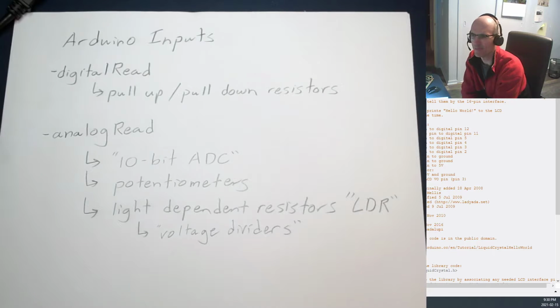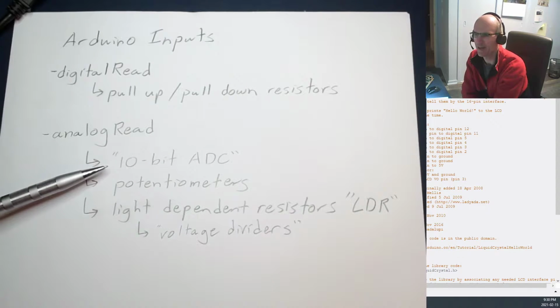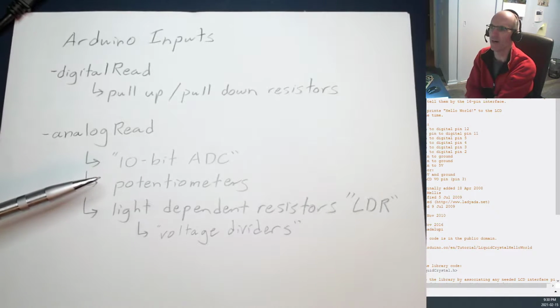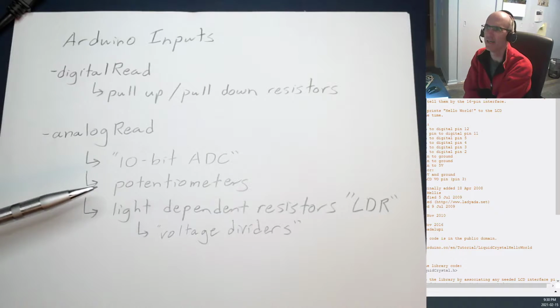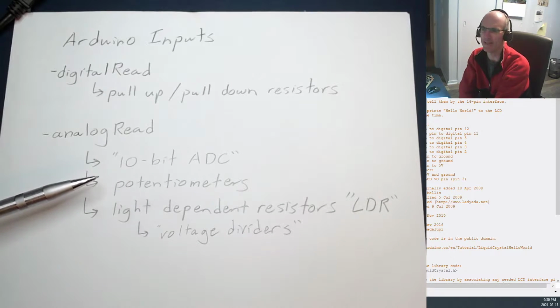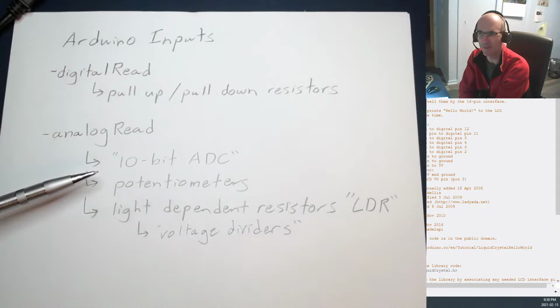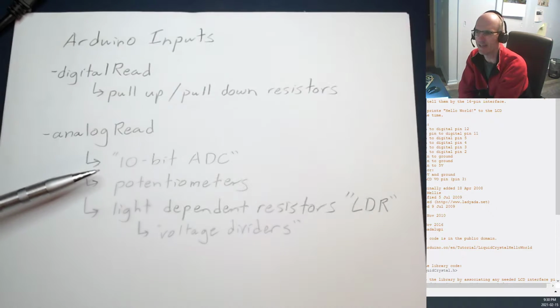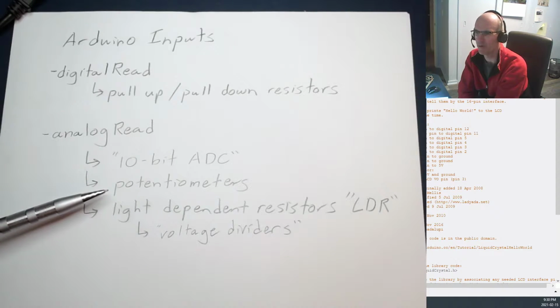And we're going to come up with some terms in here. I'm going to talk about a 10-bit ADC, a little bit of jargon in here, and a bit of a refresher on our 8-bit PWM in the analog write command. So there's some little differences between analog read and analog write. We're going to talk about potentiometers.